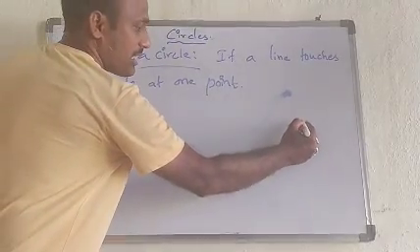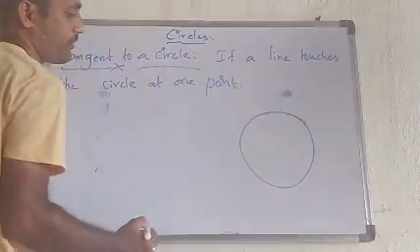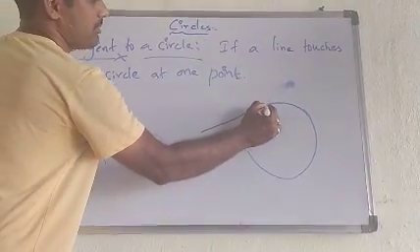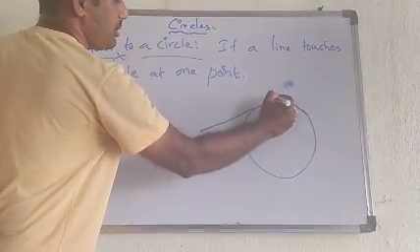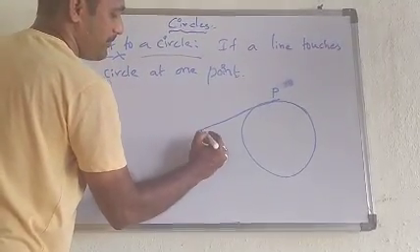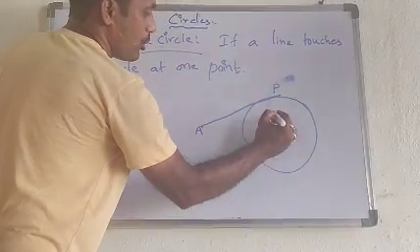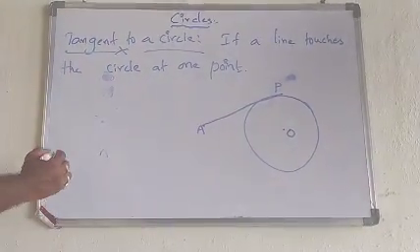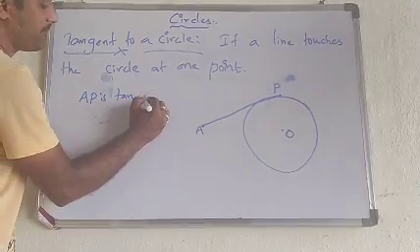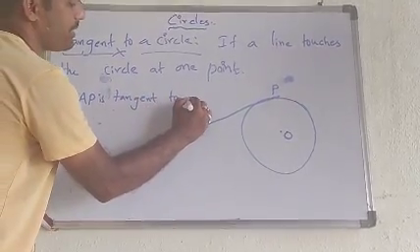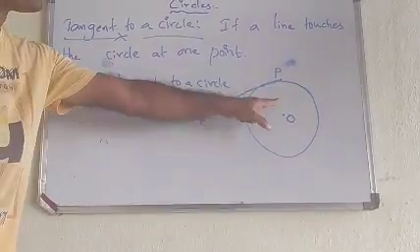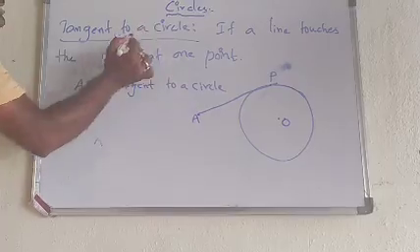So let us suppose this is a circle. For this circle, we are drawing a tangent from one point. Let us suppose this is A and P. So we are going to call it, AP is the tangent to a circle. It means that this line is touching the circle at only one point, so we can call it a tangent to a circle.